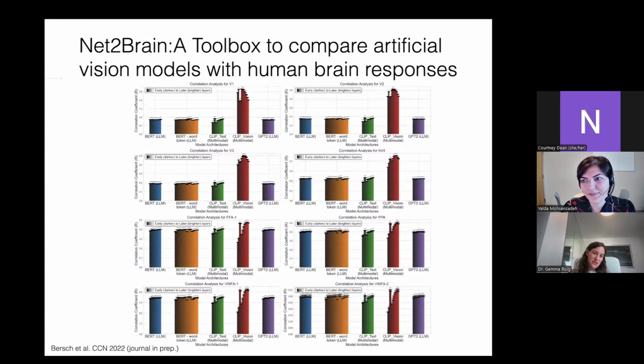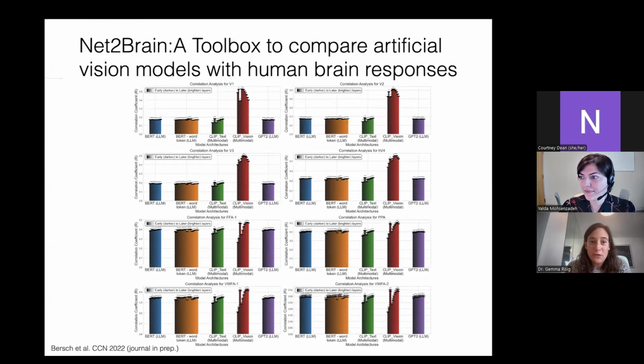So here, what you see is some of the results that we got with this, let's say, almost a demo. We used different models. We use BERT, which is an LLM or an LM, using the captions from the NSD dataset, because it's based on a dataset that contains captions.